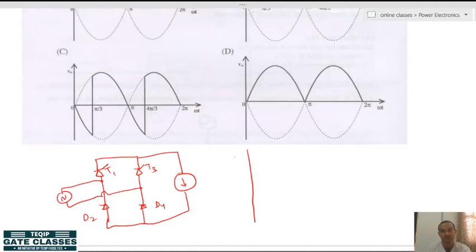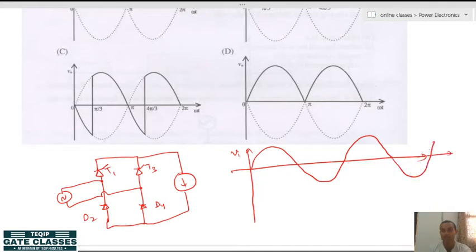So let us draw the input and output voltages. Let us say this is Vi, and we have to draw the output voltage.